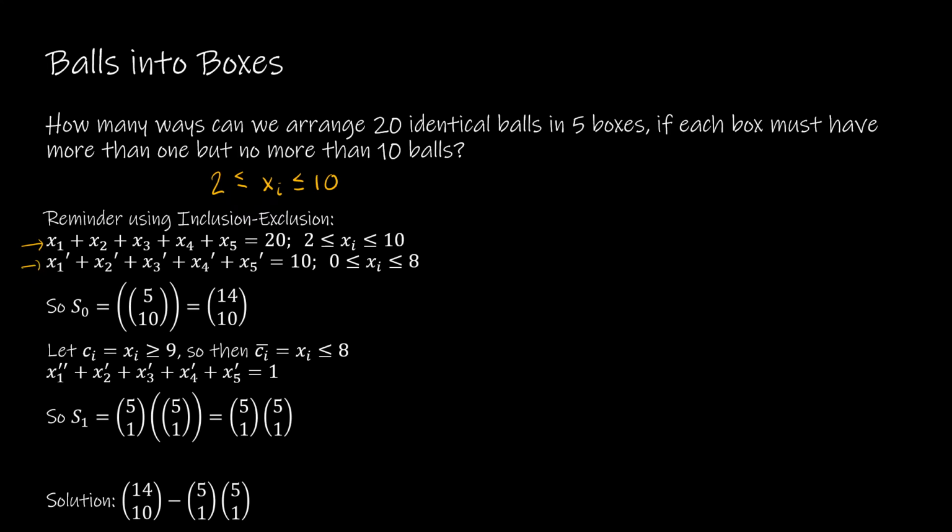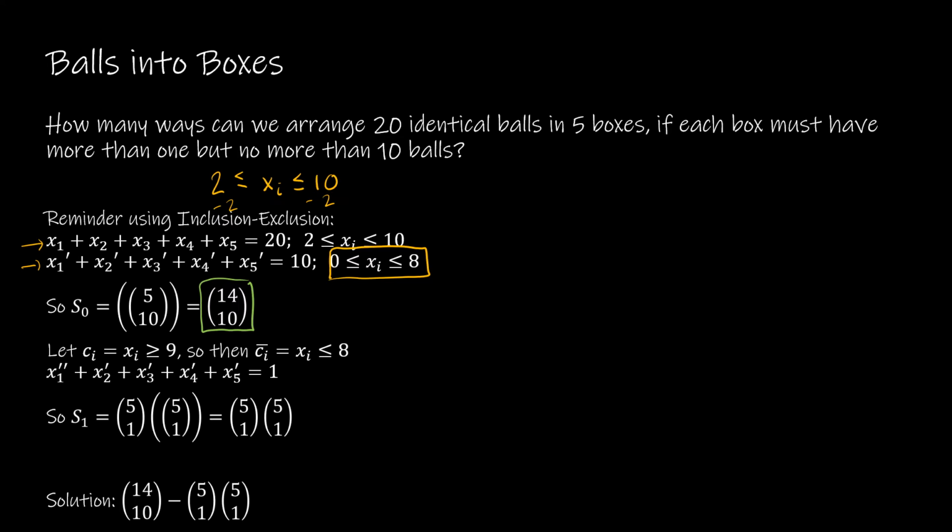The only thing different here is because I had an upper bound, by subtracting 2, that leaves me with limits from 0 to 8 instead of 2 to 10. So just as I did in the previous question, I ended up with combinations with repetition of 5 choose 10, and that gave me 14 choose 10. So if you'll recall, this was actually our solution to the last question.